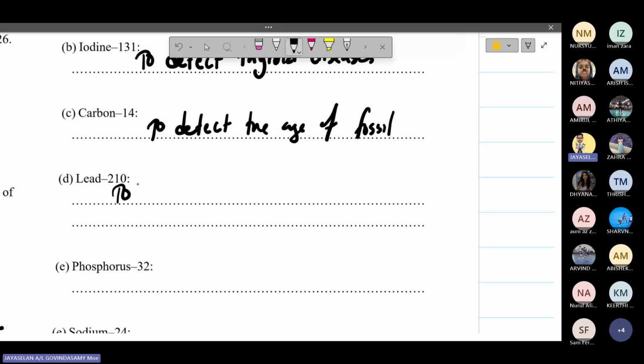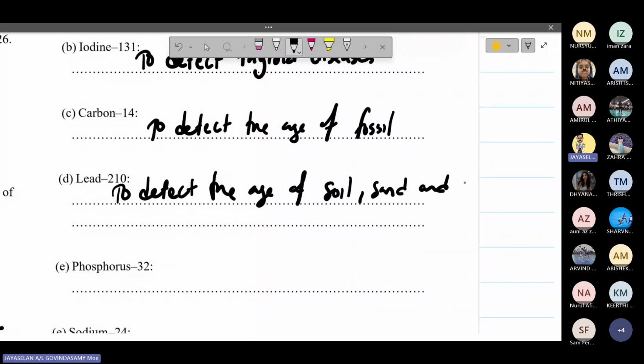Okay, to detect the age of, you all put your soil. Okay, and sand. You can put to detect age of soil, sand, and earth. Earth layer, we have tectonic plate, all right.